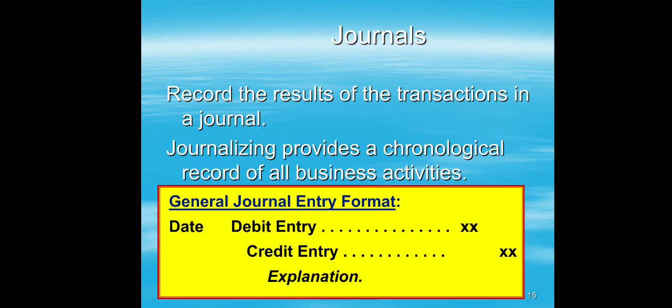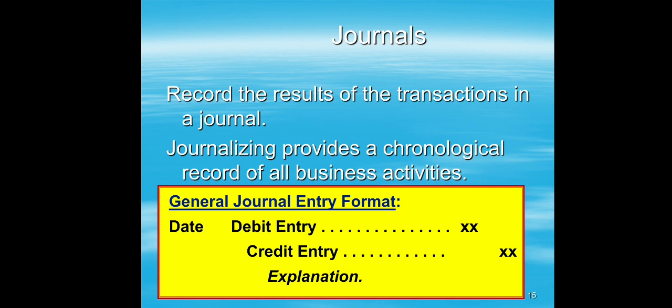Remember I have told you earlier, the journal is the first book that we use in accounting. There are many types of journal. Most textbooks explain that there are at least 7 types of journal.